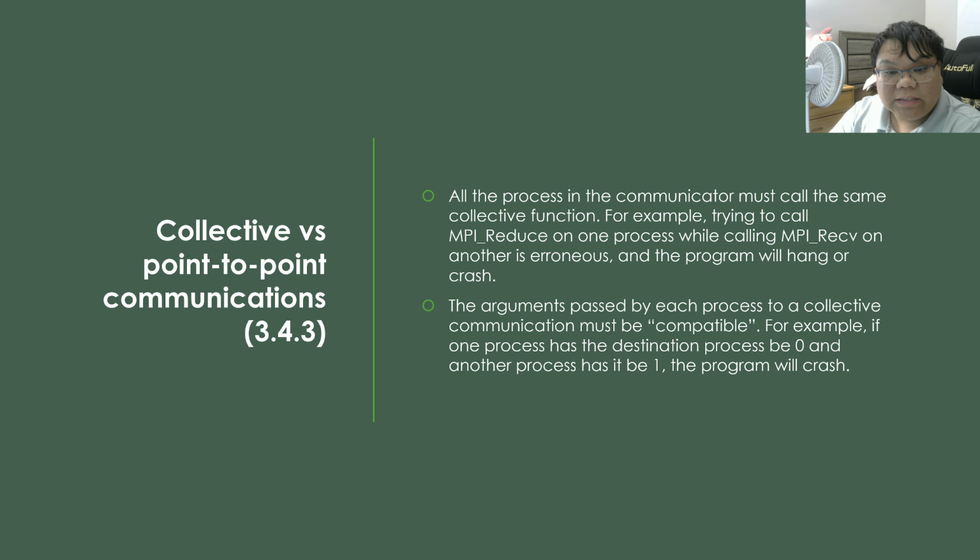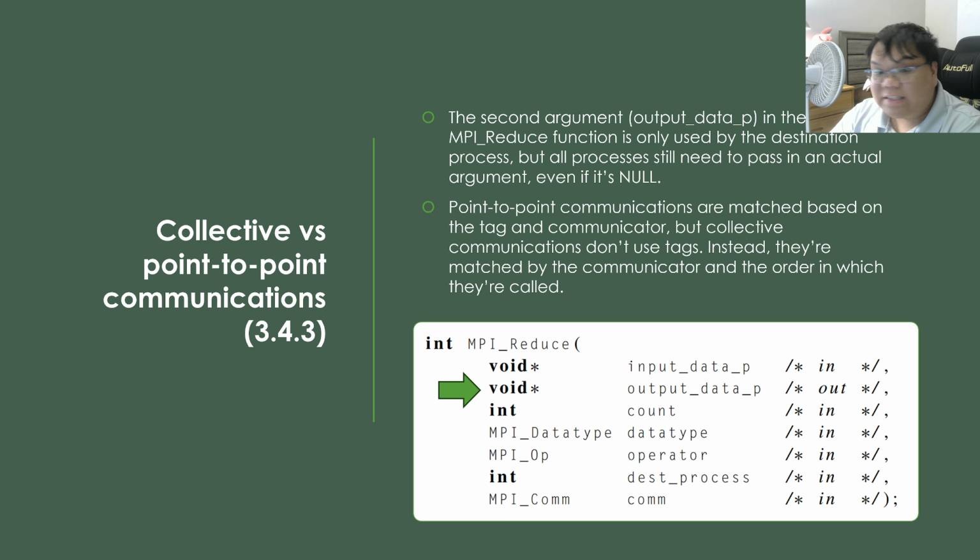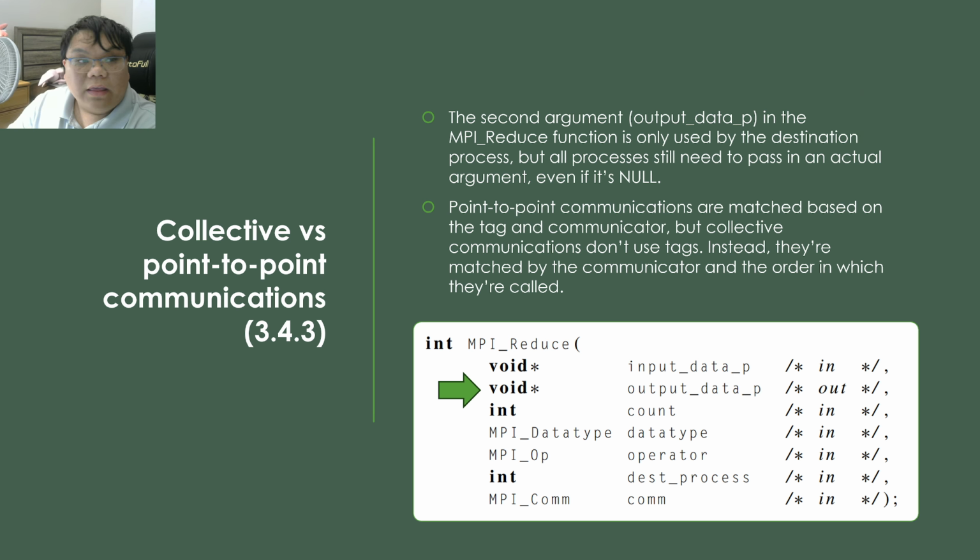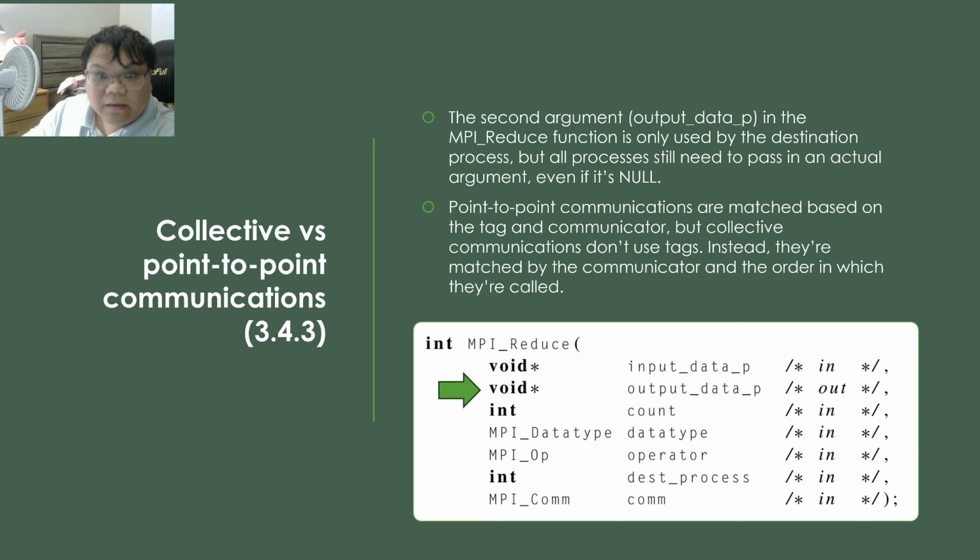Also, the arguments passed by each process to a collective communication must be quote-unquote compatible. If one process has the destination be 0 and another process has the destination be 1, the program will also crash. Also, that second argument in the MPI reduce function is only being used by the destination process. But all processes still need to pass in something, just pass in null for that.